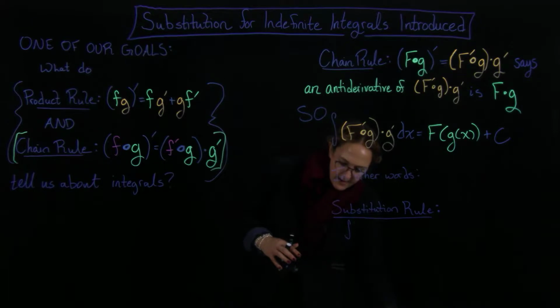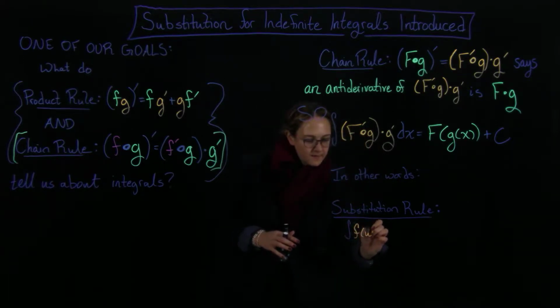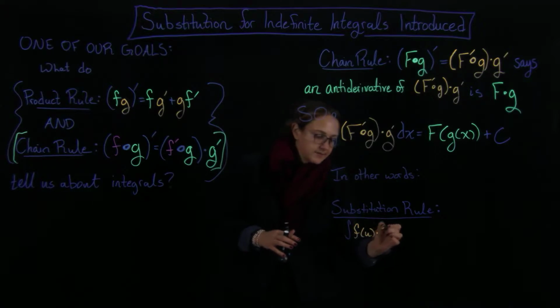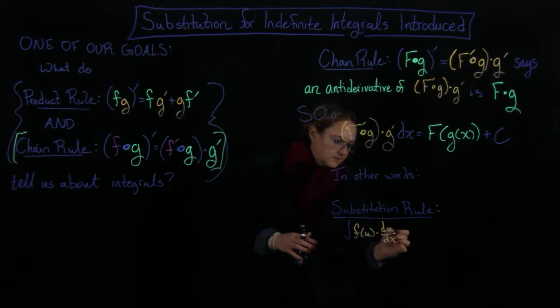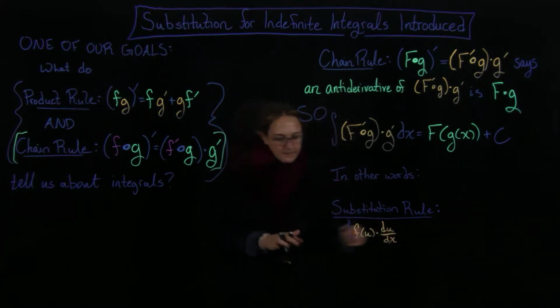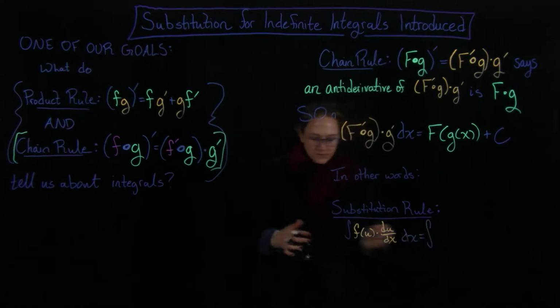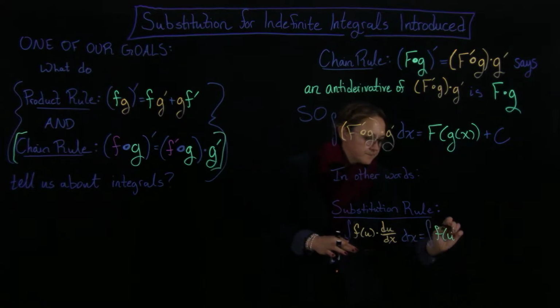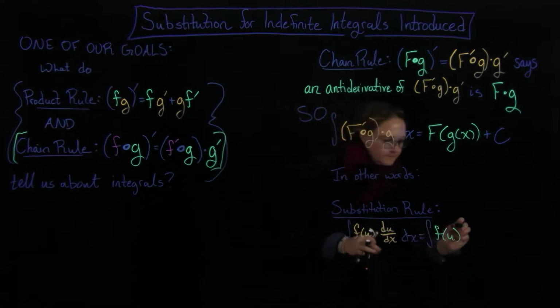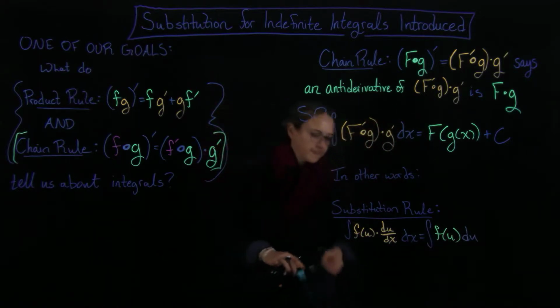So if I have F of u, and we're going to look at examples of this, so don't get scared when this just looks like one disgusting mess that you're not sure what to do with. So the integral of f of g of x, g prime of x, dx is going to equal the integral of f of u du. Okay, so this is the substitution rule.